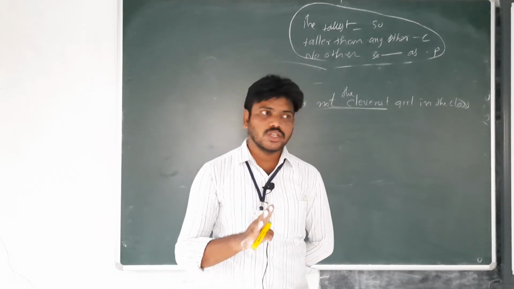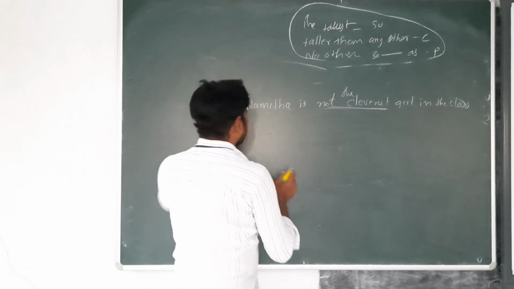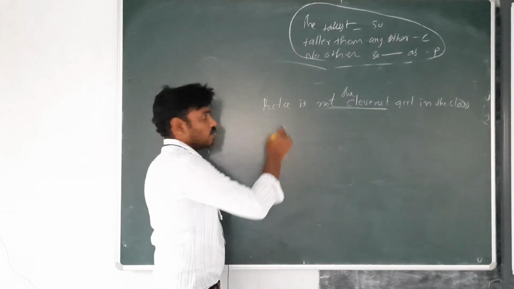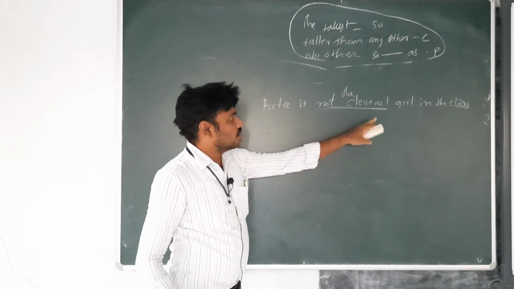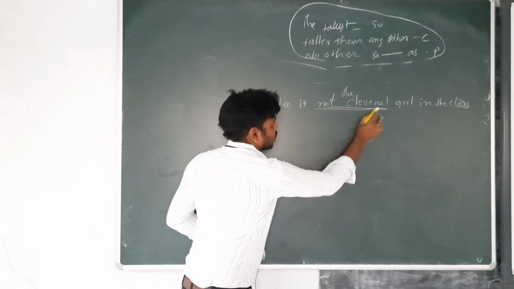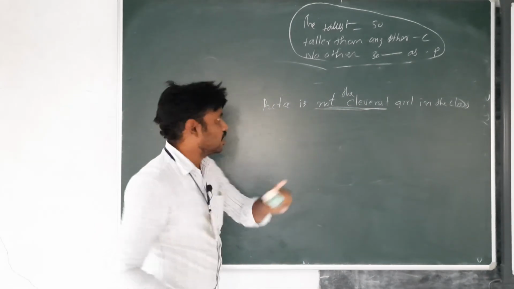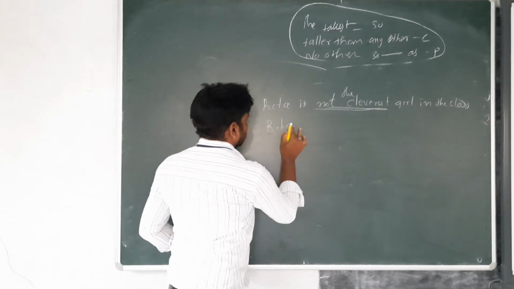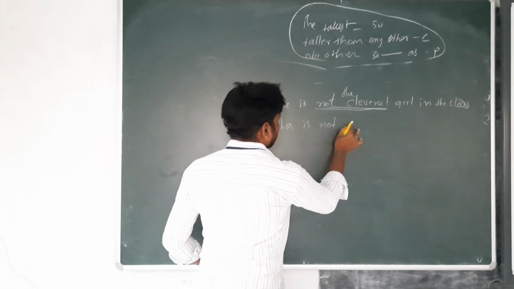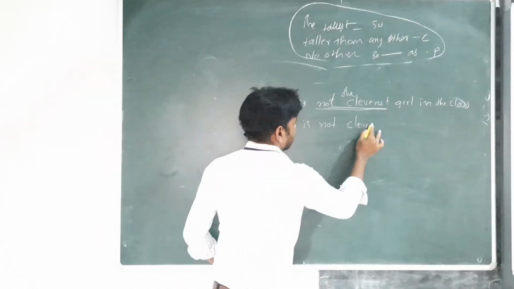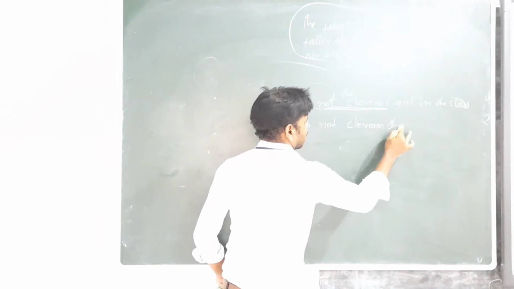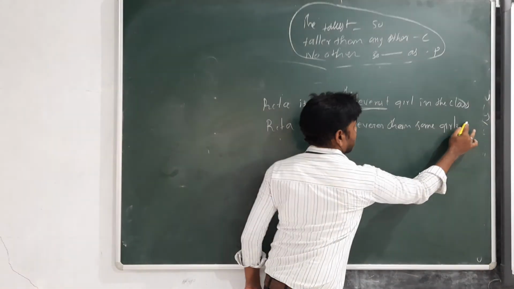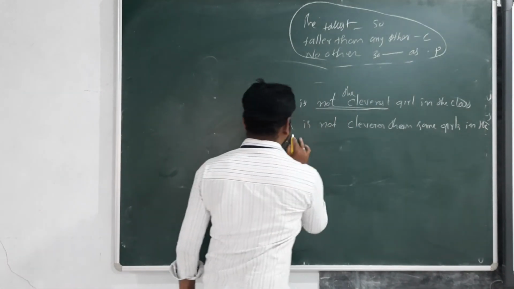So how should we change a negative sentence here? Rita is not the cleverest girl in the class. Now, not the cleverest. Let us see how to change to comparative degree. Rita is not cleverer than some girls in the class.